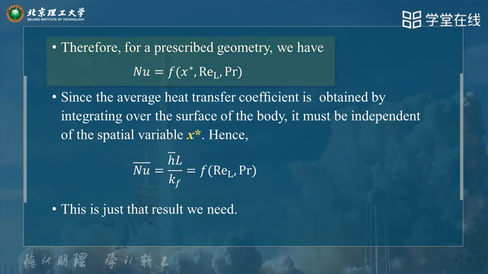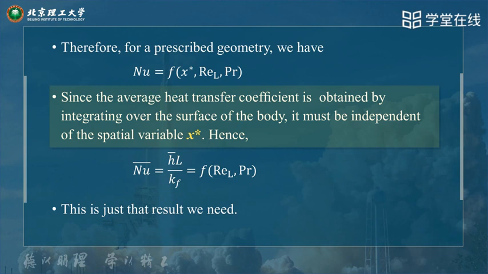Therefore, for a prescribed geometry, we have the Nusselt number as a function of x star, Reynolds number, and Prandtl number. It is a function of 3 parameters. So Nusselt number equals f of x star, Reynolds number, and Prandtl number.